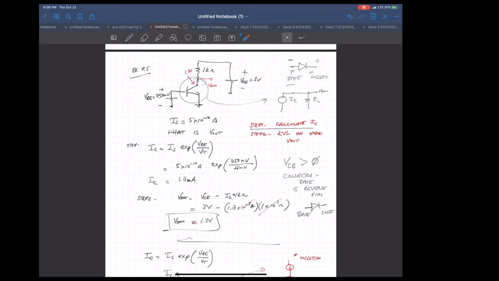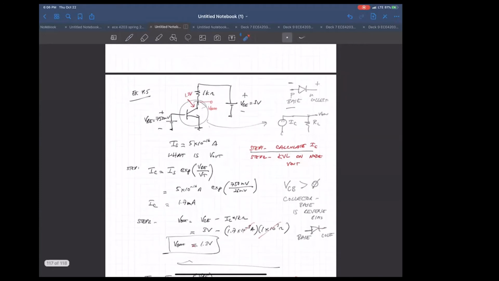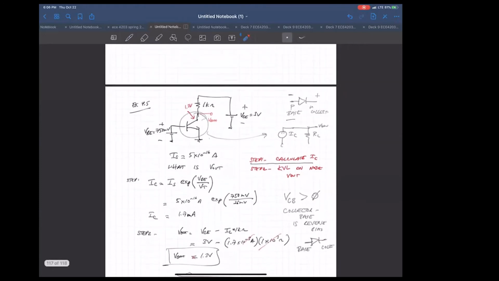Okay, so let me tell you, one of the things you will see in circuit design is that power consumption is very, very important all the time.